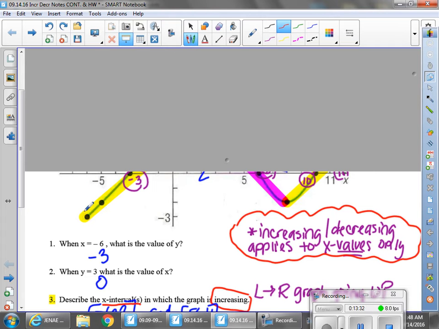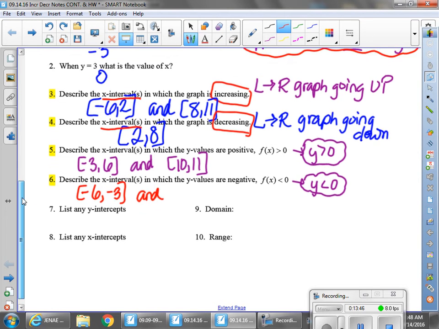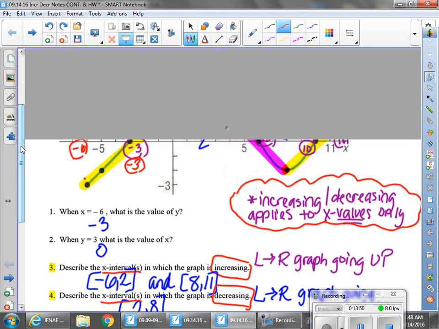Negative 6 to negative 3. And where else? Jasmine? Perfect. 6 to 10.